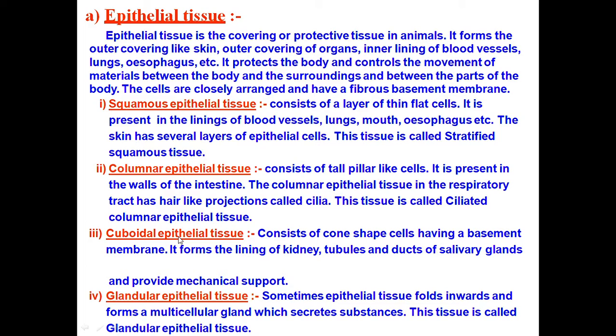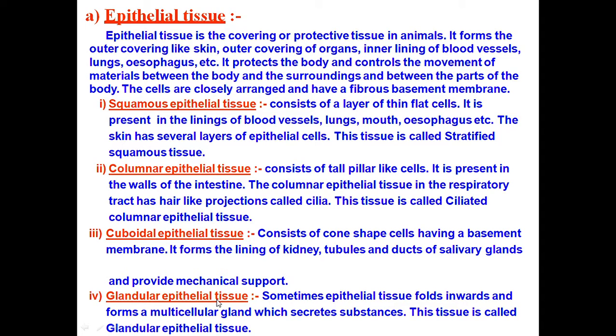Next is cuboidal epithelial tissue. The cells of this tissue are cube-shaped. Because of these cube-shaped cells, its name is cuboidal epithelial tissue. It has a basement membrane, and it is present in the lining of kidney tubules and the ducts of salivary glands. And the function of this tissue is to provide mechanical strength to these organs. The next is glandular epithelial tissue.